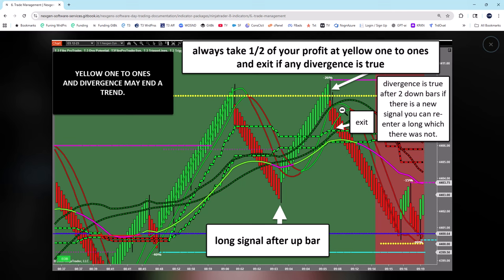But usually divergence from a one-to-one with the trigger lines below the one-to-one is going to make the market go way down and usually take out the last low. So you can exit there, or worst case scenario, below your triggers, and then there's no reason to give away all that money when there's nothing here to help you.